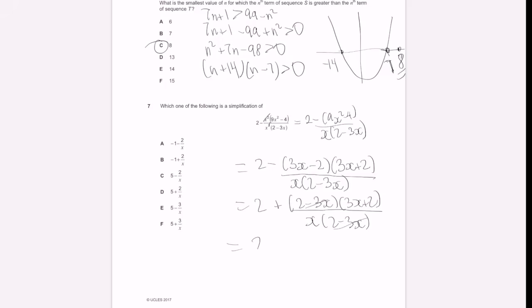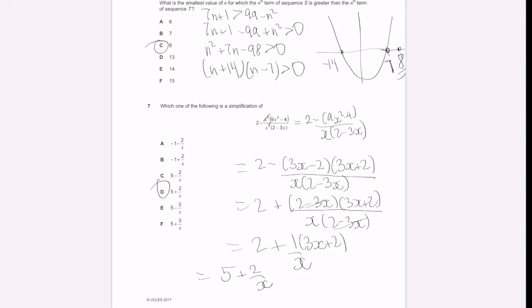We're going to be left with (2 + 1) over x multiplied by 3x plus 2. We can simplify this even further by saying that this is just equal to 2 plus 3x over x, which is just 3. So it's going to be 5 plus 2 over x.